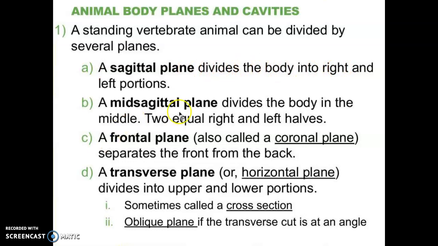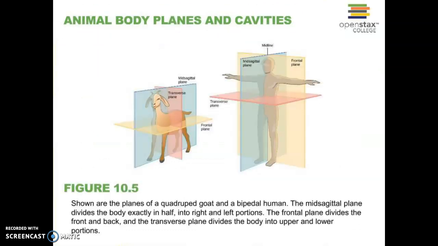If it's actually equal left and right, then we call it the mid-sagittal plane. The sagittal plane could be far to the right or far to the left and still be considered sagittal. It's mid-sagittal if it's exactly centered.